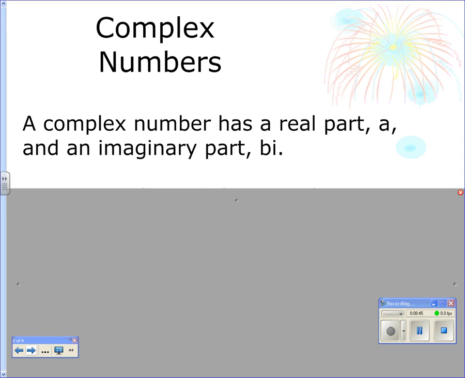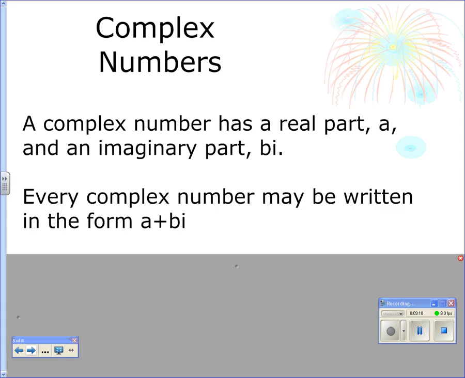Together they make the complex number. That's the way you write it. A plus bi. That's the form. You always want to write it in this form. A plus bi.